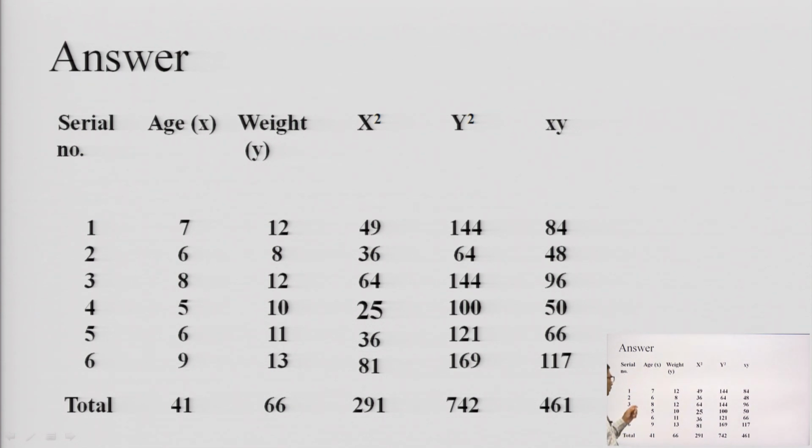The sum of x equals 6 plus 7, 13, plus 8, 21, plus 5, 26, plus 6, 32, plus 9 equals 41, and this is called summation x.